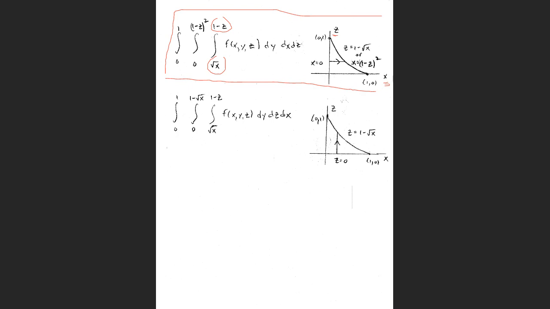I want to just comment on one thing here. This parabola here, which would form the boundary of our region in the xz plane, is the intersection of y equals square root of x and z equals 1 minus y.